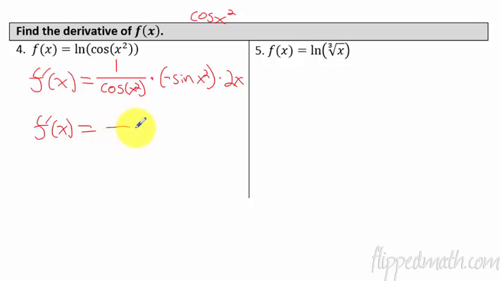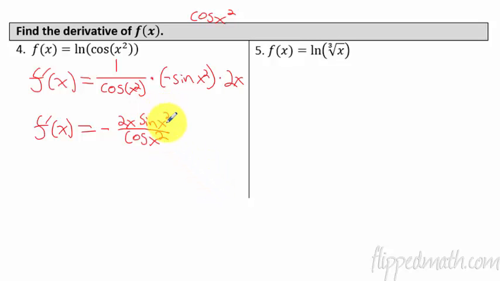Okay, so then we have, oh wait, let me fix this. You have negative fraction. See, I'm putting this negative in the very front. On top, I've got, let's put the 2x in front. 2x sine of x squared all over cosine of x squared. Uh-oh. What does that mean?